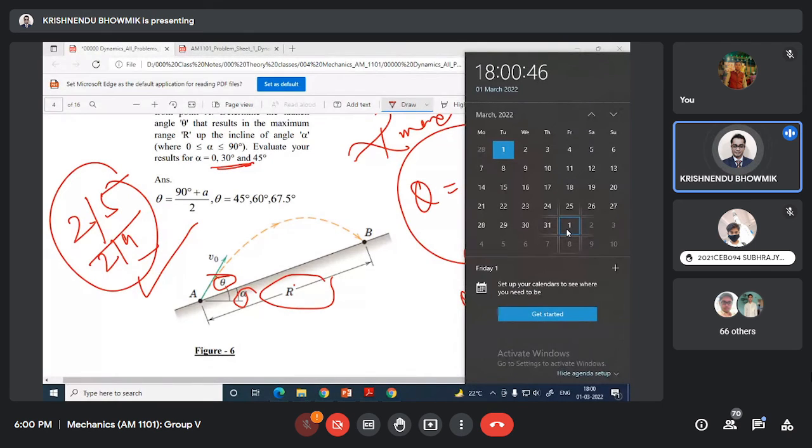Then it will be helpful for you, because if something happens, and in the end sem also your score is very bad, then this will be helpful. If I take two class tests, based on my understanding I can give weightage to these two class tests as per my requirement, for the betterment of the students. Betterment means, if many students are suffering, then I will decide accordingly, and it will be uniform.